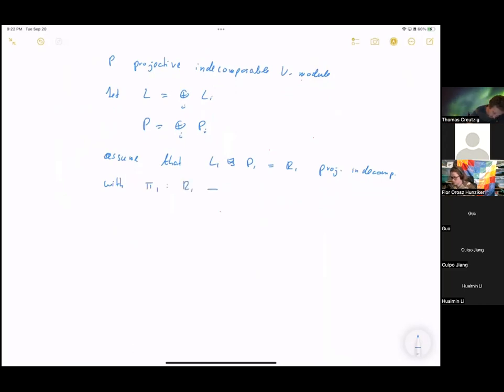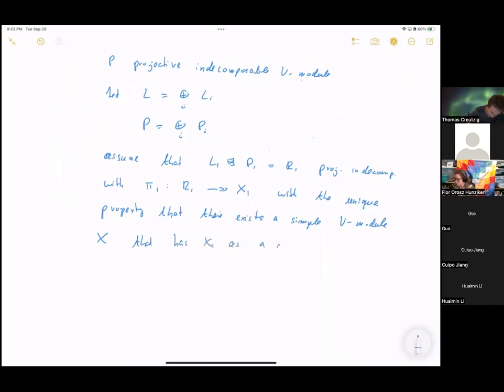This projective module, of course, surjects on some quotient x1, and this quotient has the unique property among all homomorphic images of R1, that there exists a simple module for the big VOA that has this module x1 as a direct summand.